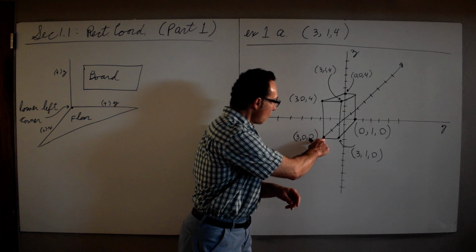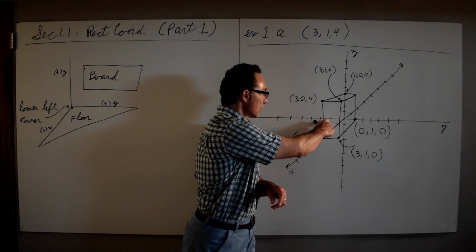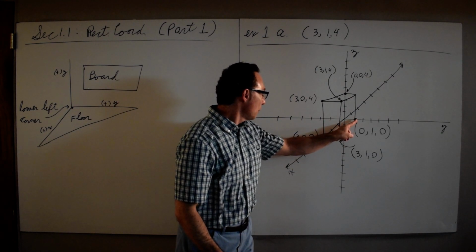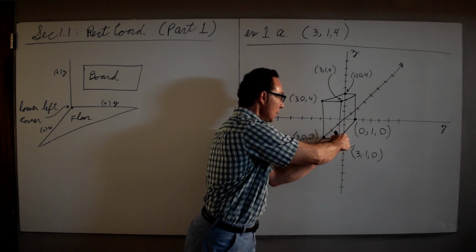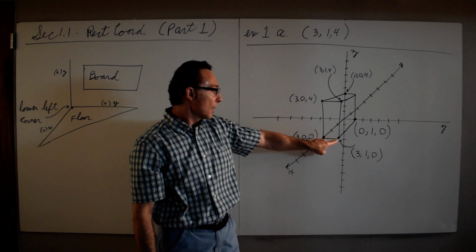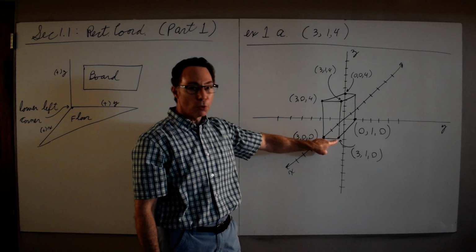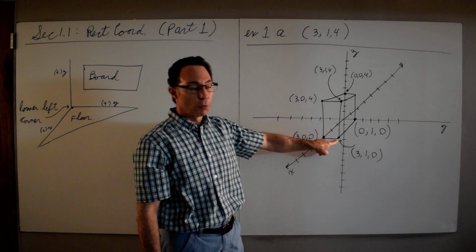We're going to draw this line parallel to the y-axis, and this line parallel to the x-axis. Draw these two lines until they meet. This now is the point (3, 1, 0) on the xy plane. If you're thinking in three dimensions, this is on the floor of the room.